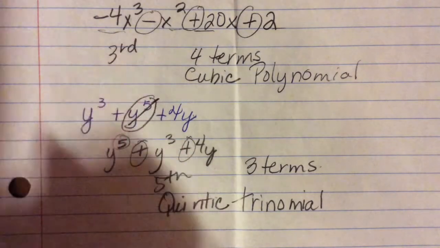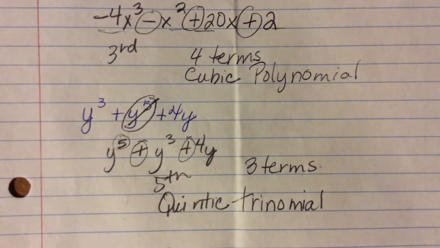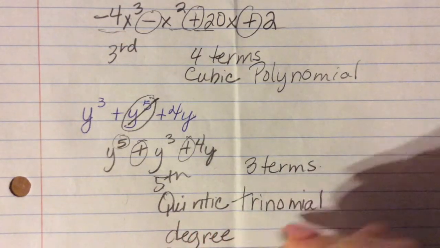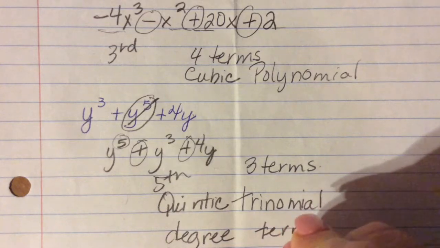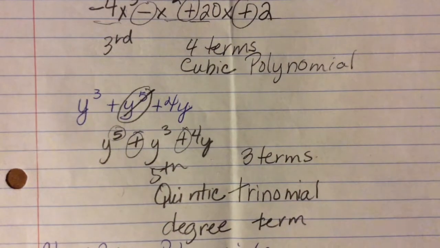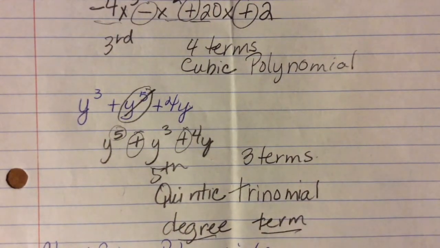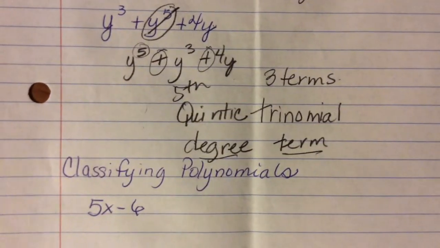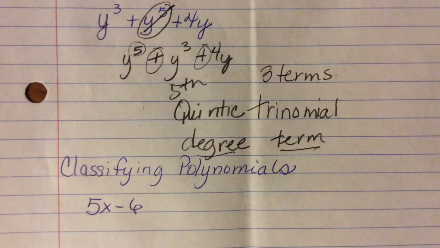Okay, and if you've noticed, each time I've named them, it always goes by your degrees and then your term name. Okay, this is every time. And that's what's called classifying your polynomial, is when you put them together. So let's take a look.